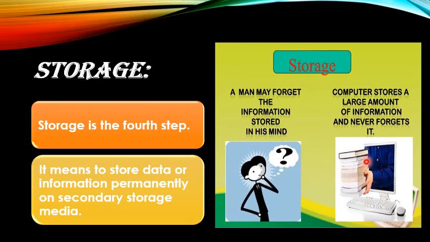A large amount of information can be stored in the computer, and that can never be deleted until we delete it ourselves. So there are storage devices used in computers, in which we can keep our data, which will be stored and we can use that data in the future as well.